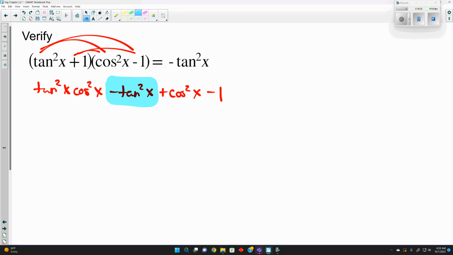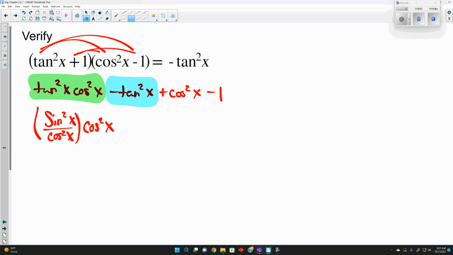What's the other thing that's kind of making things a little bit difficult? This here, yes? What's tangent squared the same as? Sine squared over cosine squared, yes? So if I rewrote this as sine squared of x over cosine squared of x, it's also being multiplied by cosine squared of x, minus tangent squared of x plus cosine squared of x minus 1.